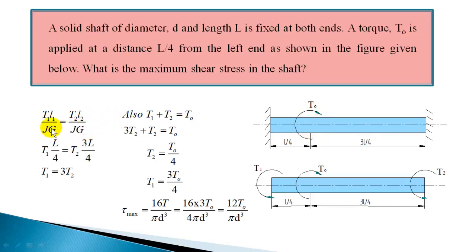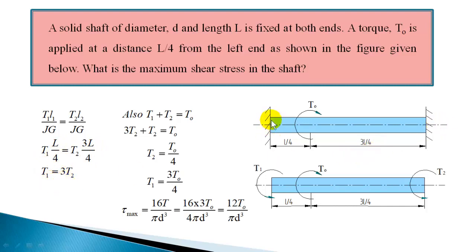That should be equal. L1 is equal to L by 4, L2 is equal to 3L by 4, and Jg is the same, so it will cancel out. So you get T1 is equal to 3T2. L by 4 also cancels, so T1 is equal to 3T2.